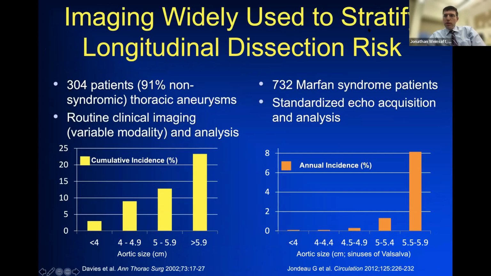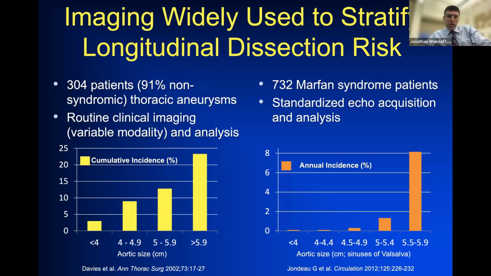What we also know in terms of background is that while imaging is widely used to stratify longitudinal risk for aortic dissection with respect to aortic size, and that certainly size of the ascending thoracic aorta as well as the descending thoracic aorta is a powerful predictor of long-term outcome.